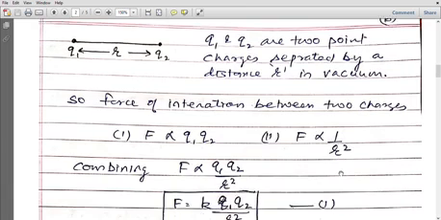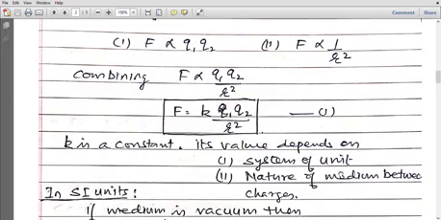Combining these two, we get that force is directly proportional to Q1 into Q2 divided by R square. Remove this proportionality sign, and we get a constant, K. So force F is equal to K Q1 Q2 upon R square.